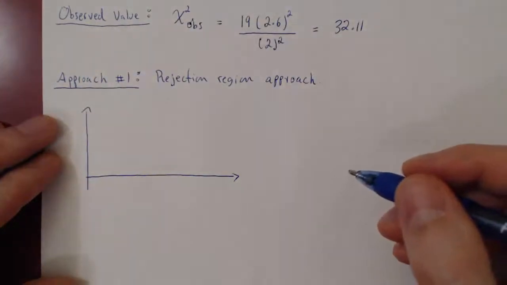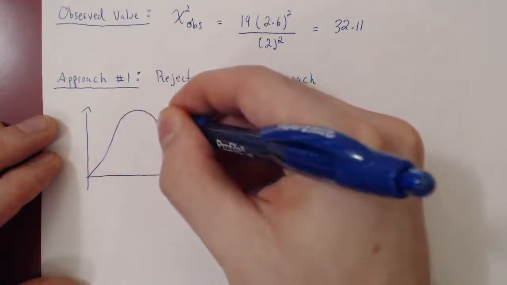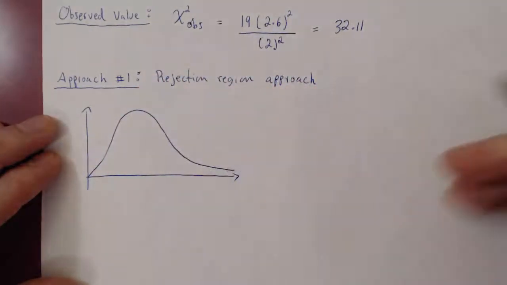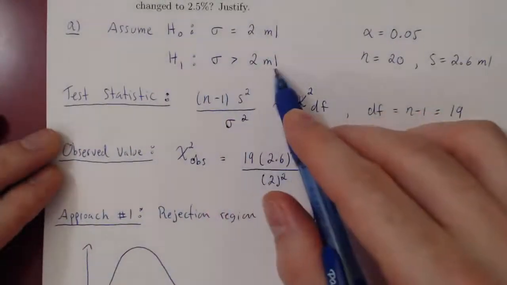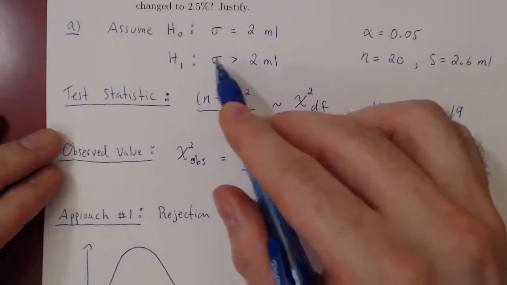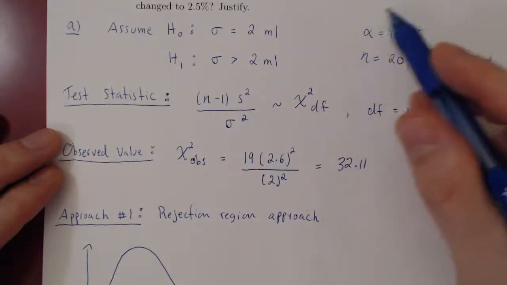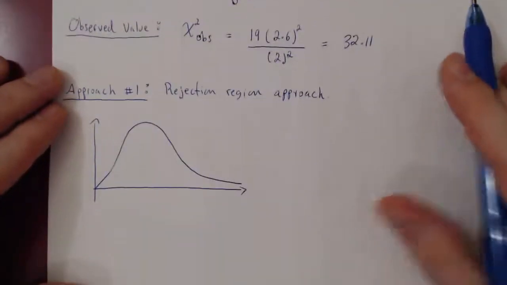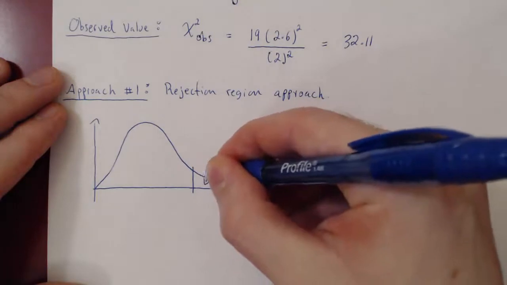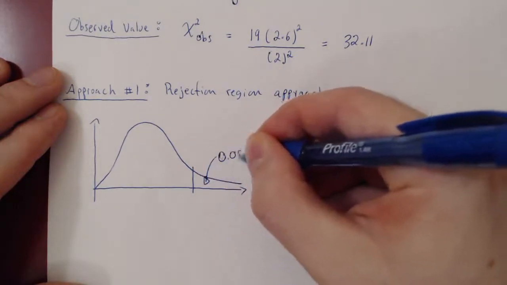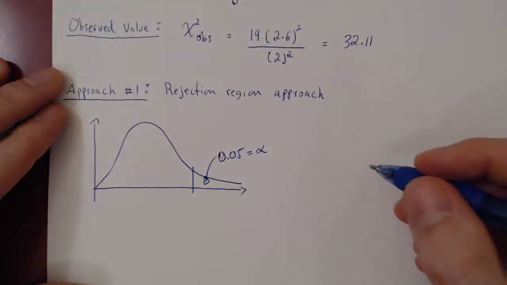Since we have 19 degrees of freedom, the chi-square will look something like this. Because we have a right-tailed test, sigma bigger than 2, we are going to reject the larger 5% of values. And this is your significance level.